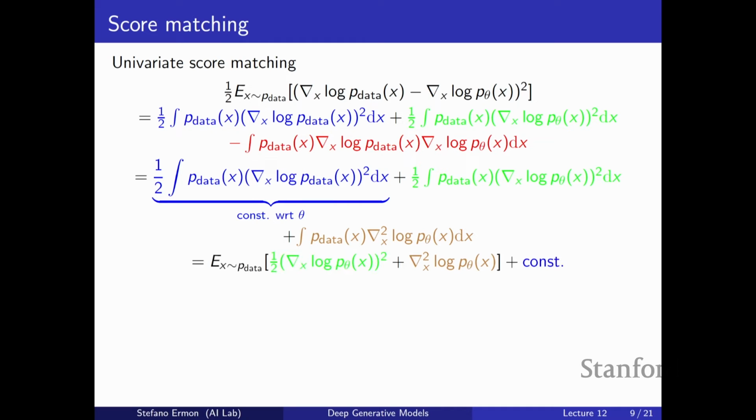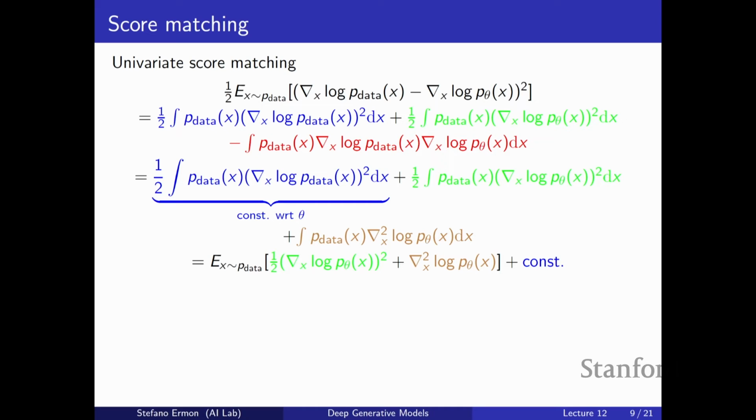You can write the two expectations as a single expectation, and now we derived a loss function that is equivalent up to a constant to where we started from, but now it only involves things we have access to. It only involves the model score and the further derivative of the model score, just the second derivative of the log likelihood. But again, derivatives are always with respect to x.